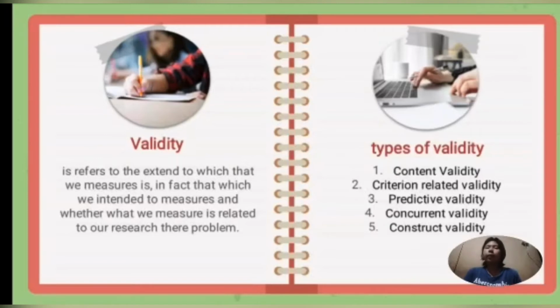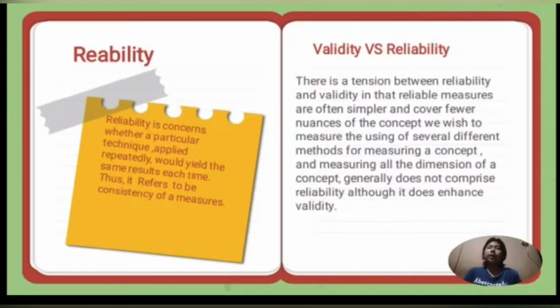For example, we would expect there to be a positive relationship between employee morale or overall level of satisfaction with a firm and the length of tenure of the firm's employees. And the next is reliability.